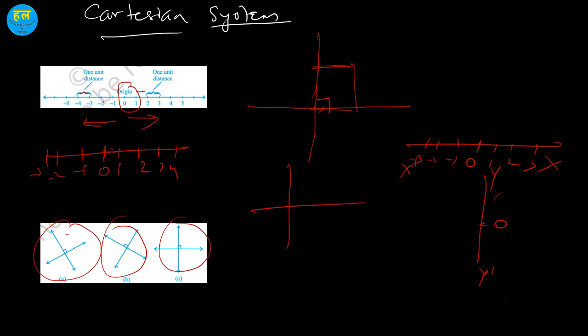Similarly on the vertical side, above we'll have positive 1 2 3, and below the origin we'll have negative.